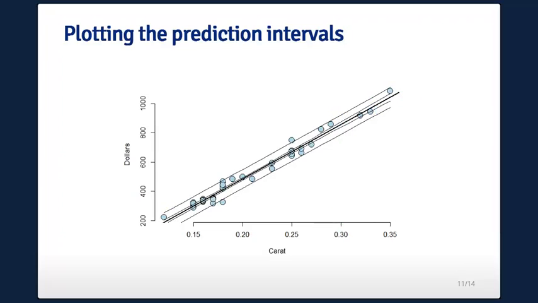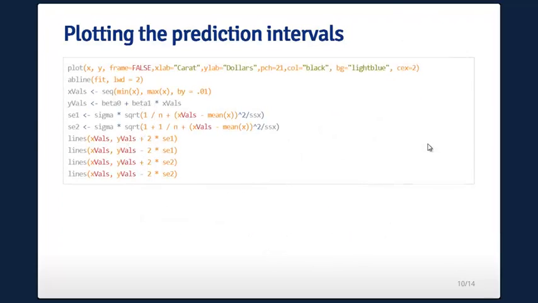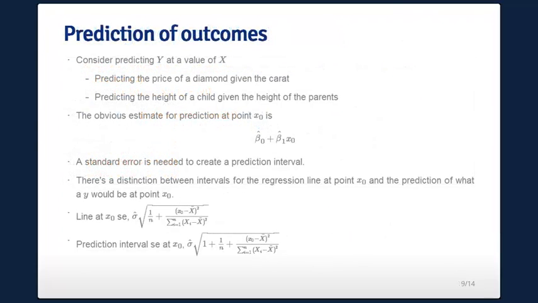And so for the prediction interval, another way to think about it: there's three parts. There's this part that says, how close to the average are we relative to the variability of the x's? That talks about how close to the middle of the data you are, where you should get good prediction.